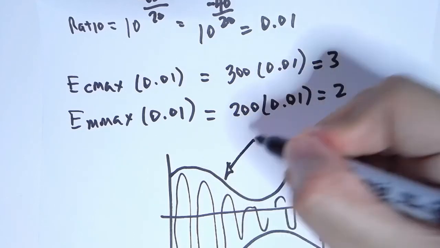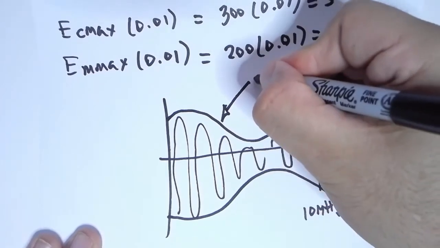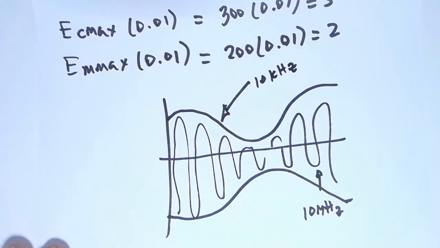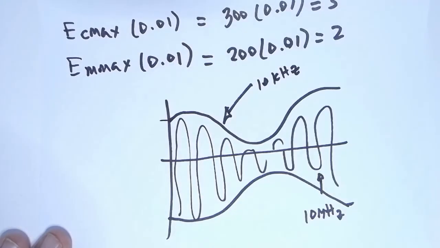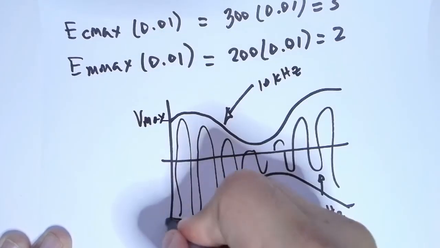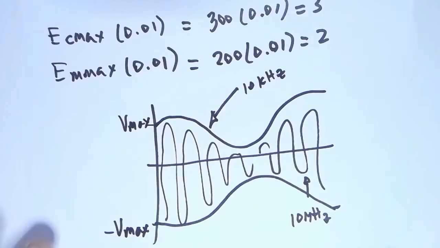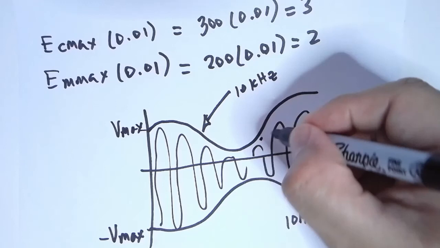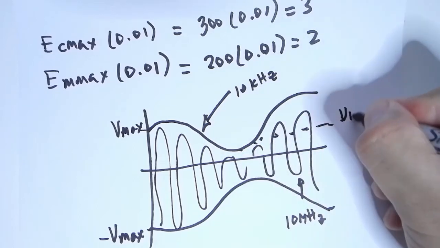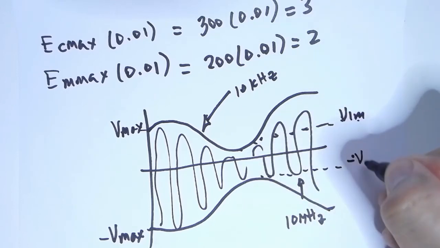The modulating signal has a frequency of 10 kilohertz. Now this level here is Vmax. This level here is negative Vmax. This point here is Vmin, and over here is negative Vmin.